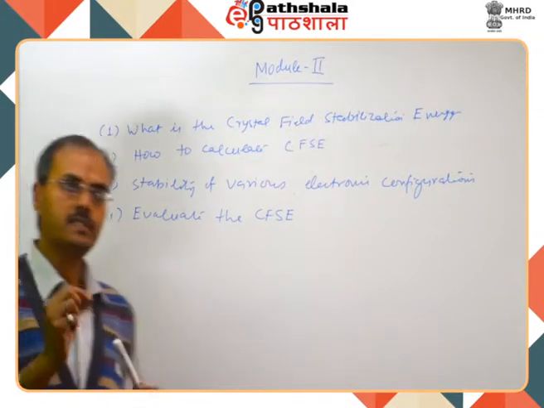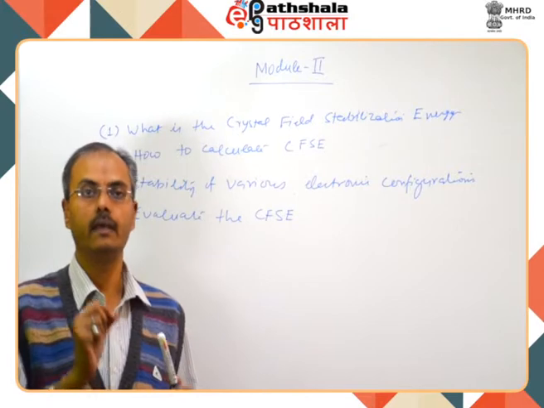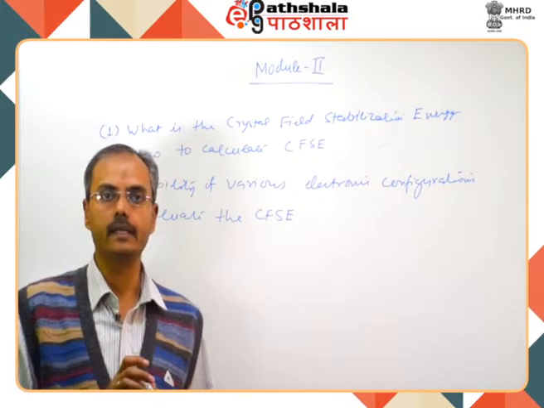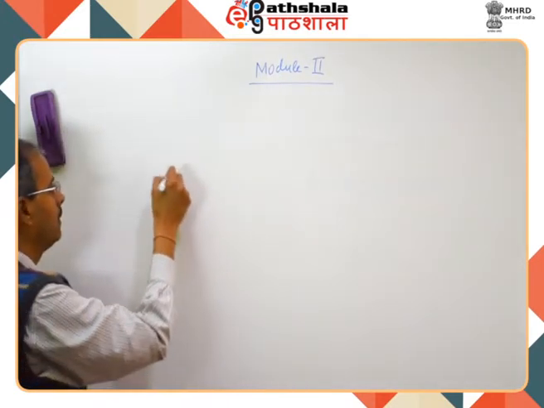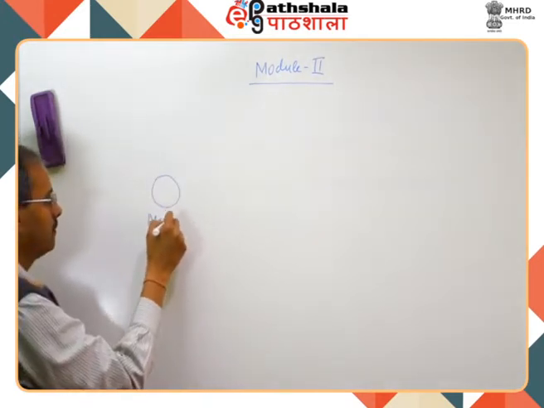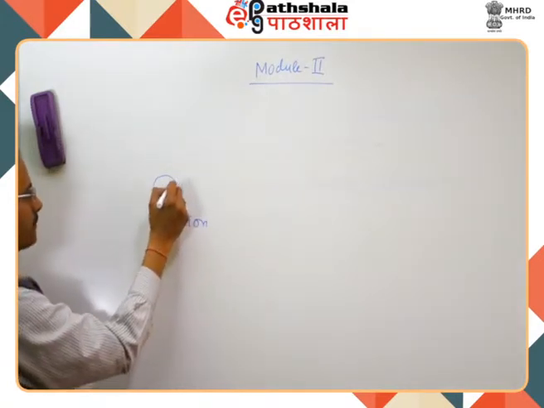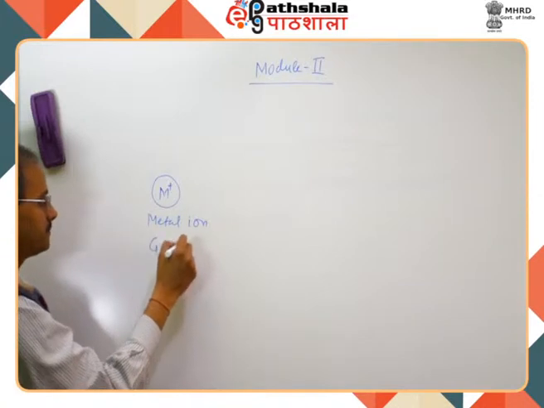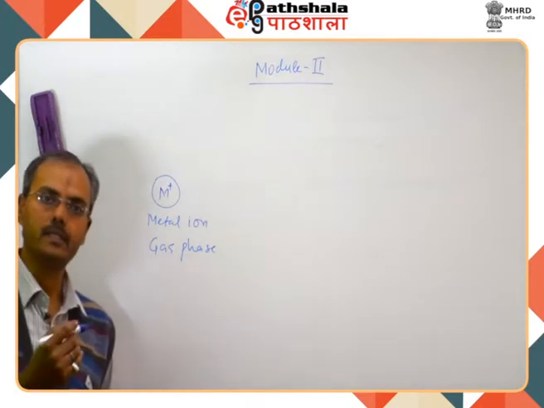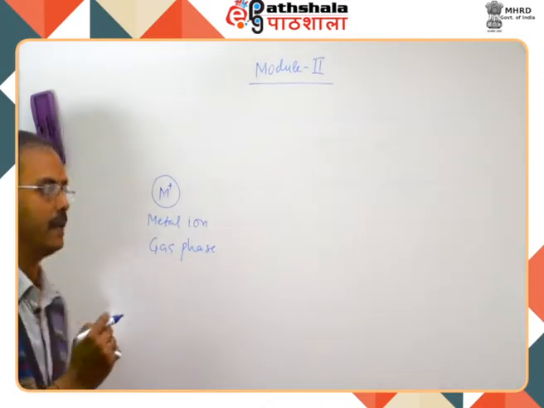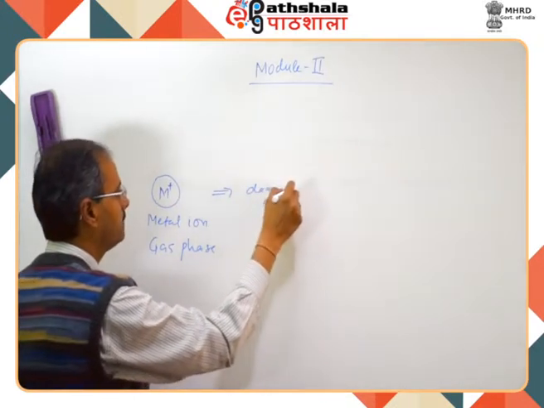Now let us first try to understand what is the crystal field stabilization and how this energy can come into the picture. Let us say we take a metal ion, some M plus ion in the gas phase. In this case, whatever orbitals are present inside the metal ion are going to be degenerate.